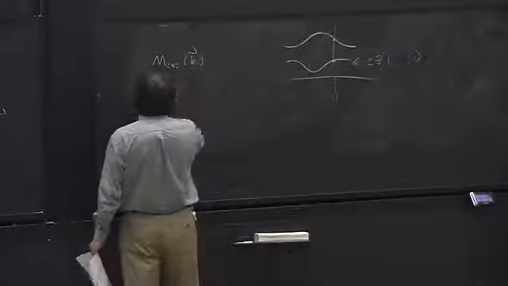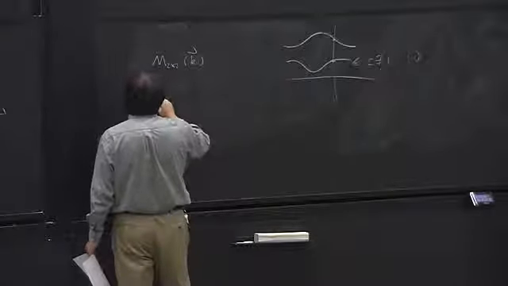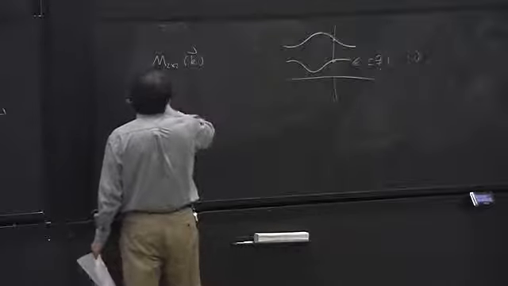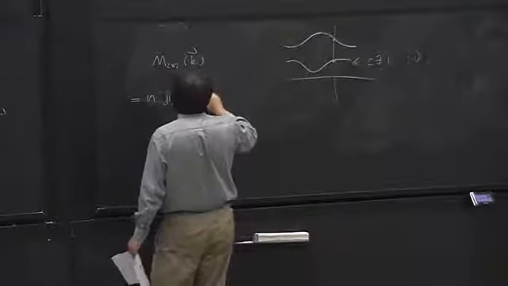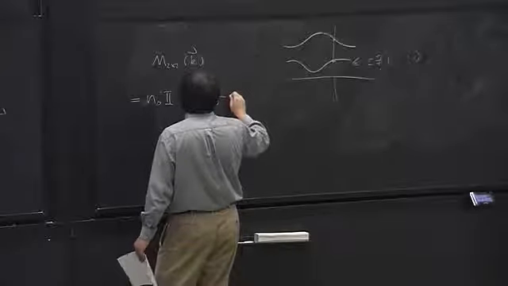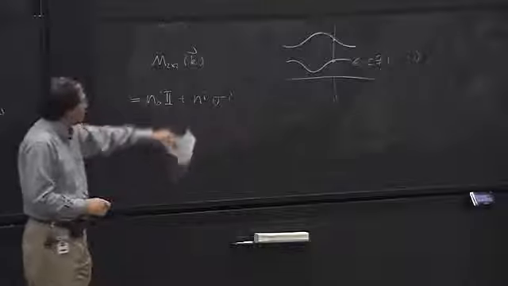For a 2 by 2 matrix, we can always expand it as something like N0 times the identity operator, plus N_i times the Pauli matrices. We can always expand like this.